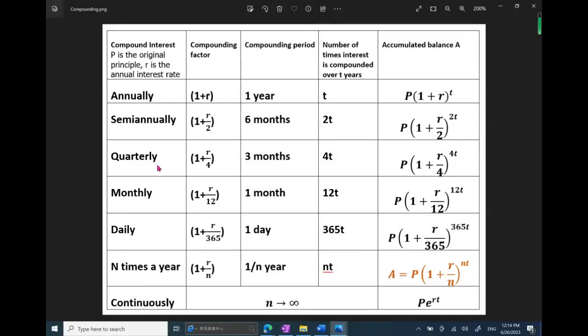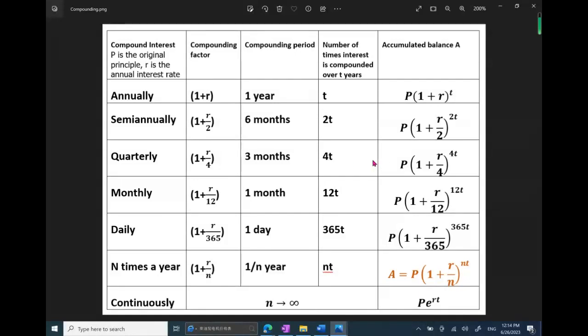In this case, your compounding factor is still 1 plus interest rate, but it is 1 plus quarterly interest rate. It is 1 plus annual interest rate over 4.